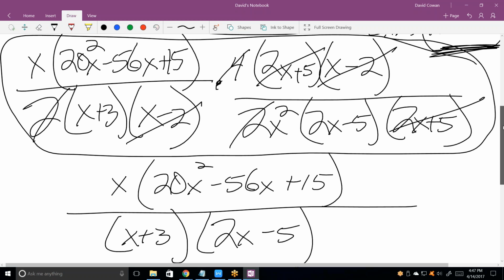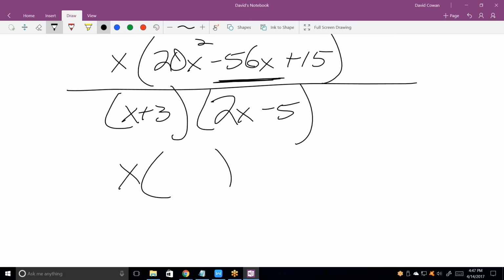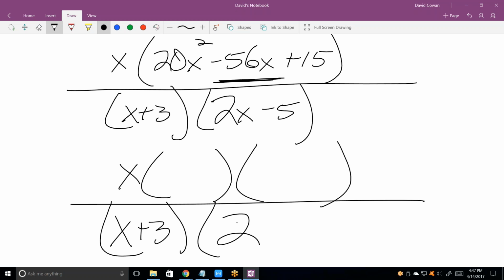So I'm down to this bottom term. Now, I have an idea of how that might factor. What do you suppose one of the factors might be of that? Something that's in the denominator, right? Yeah. In other words, I just know that one of those factors has got to be what's in the denominator. Well, let's see.